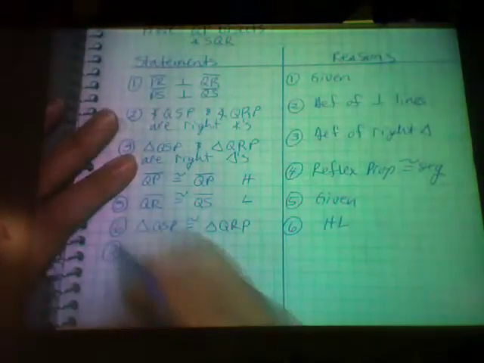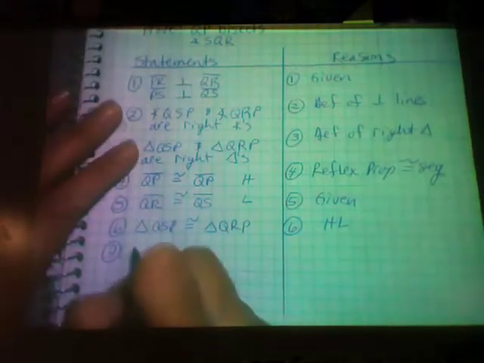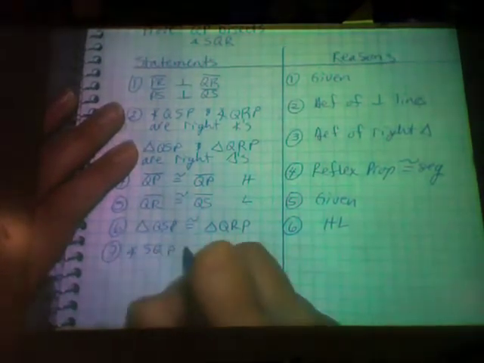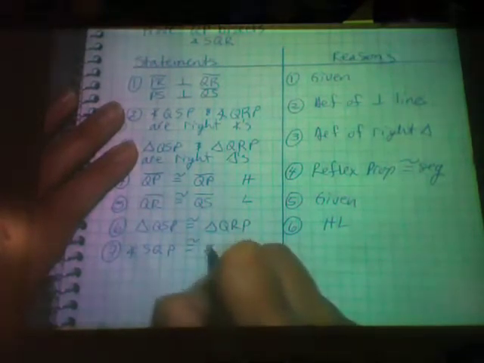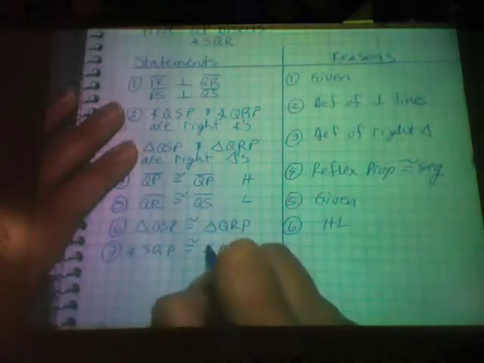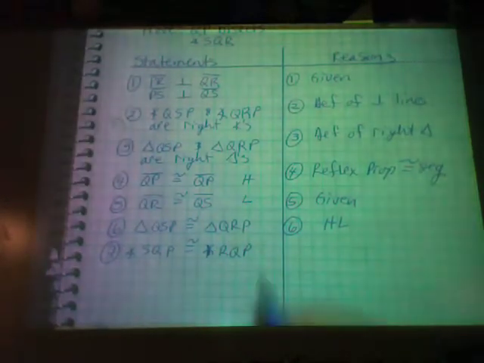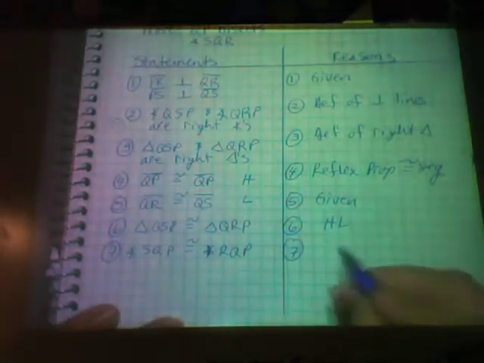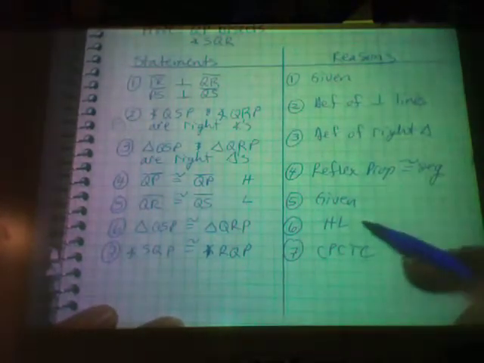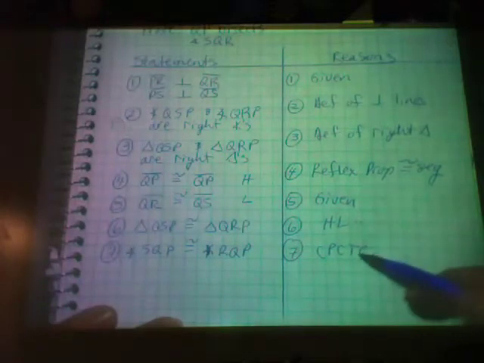That's my next conclusion. Angle SQP is congruent to angle RQP. That's not a K, it's really an angle marker. Why? CPCTC. Notice that CPCTC always follows the triangle congruence theorem.